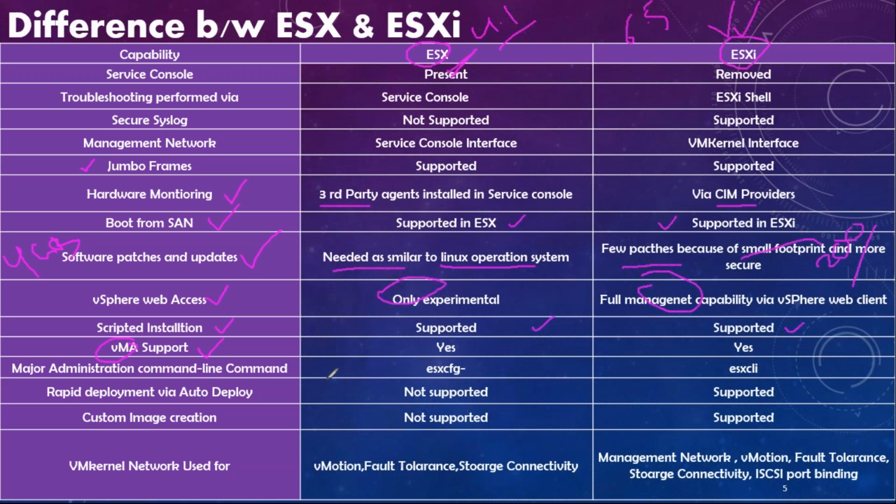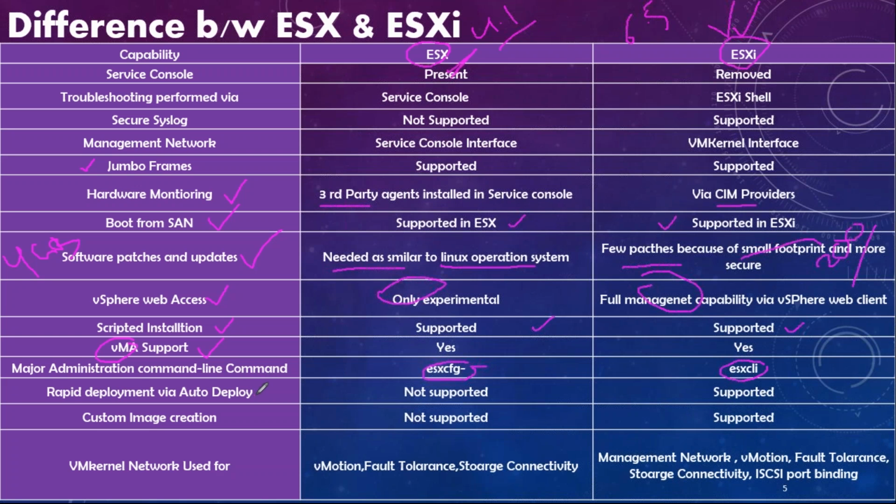Most of your administration is done through this command line utility called ESXCFG hyphen, be it network, storage, whatever the command follows here. So ESXCFG is a prefix that is common for all your commands, the centralized command line utility. In ESXi, ESXCLI is the central command line utility. So if you want to configure networking, storage, security, updates, patches, whatever it is, ESXCLI is standard over there.